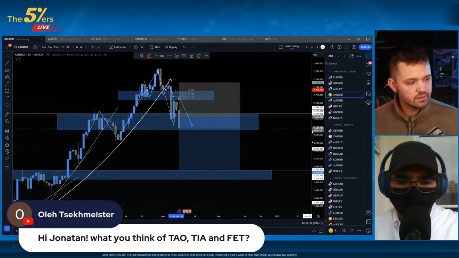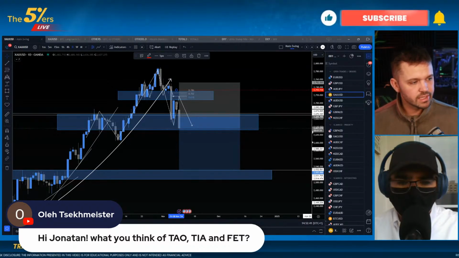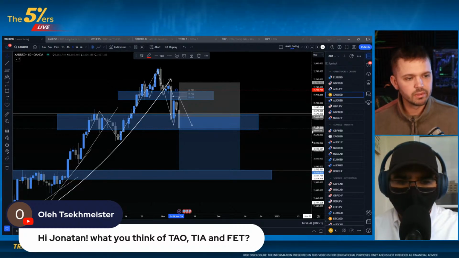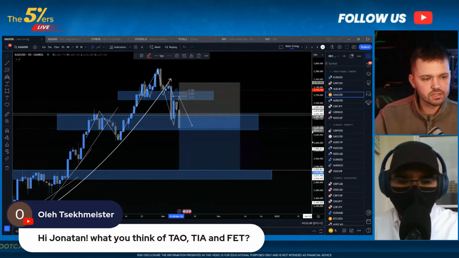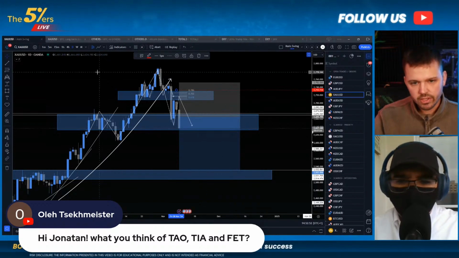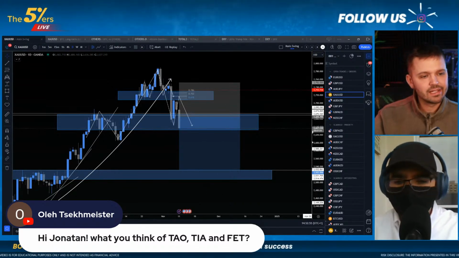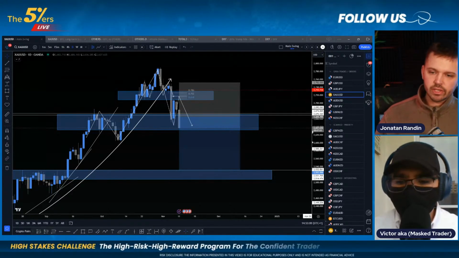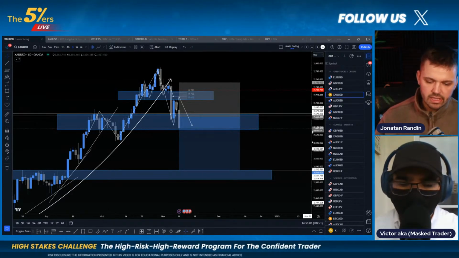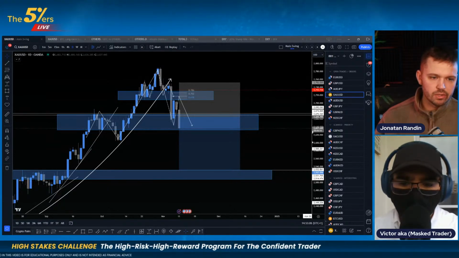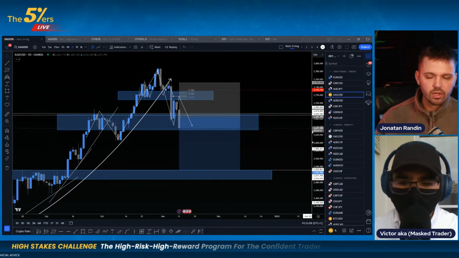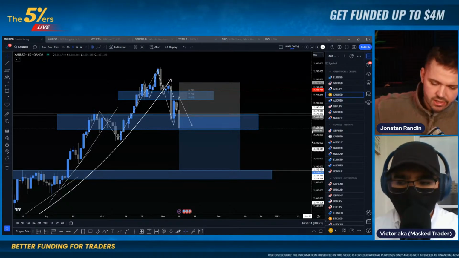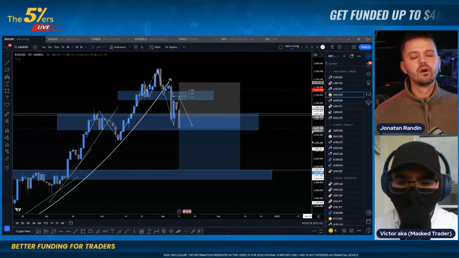I think when you have conviction in your ideas and you see confirmation of those ideas, you want to be adding to those positions, especially as a swing trader, because I think that is where the true strength of a swing trader comes from: his ability to add to winning positions where there's confidence in doing so.